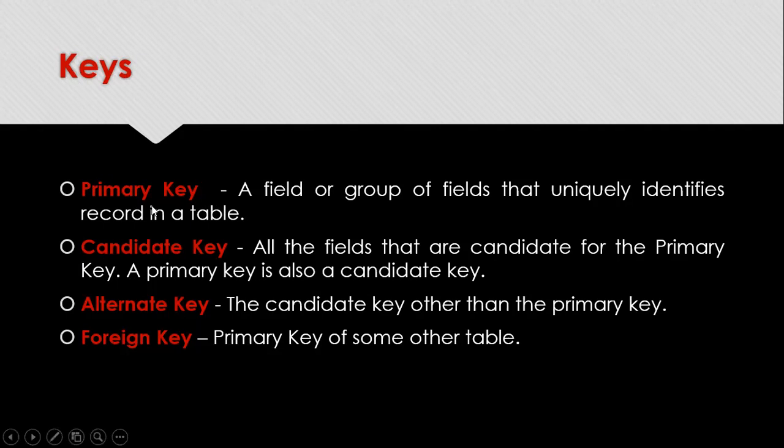The remaining candidate keys, those not selected as the primary key, are the alternate keys. Foreign key means it's the primary key of some other table. It is mainly used to link two tables. It's a non-key attribute that is the primary key of some other table, and it is the foreign key in our current table.